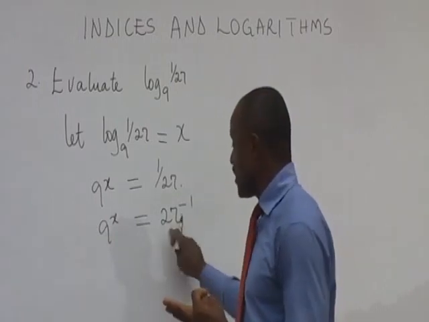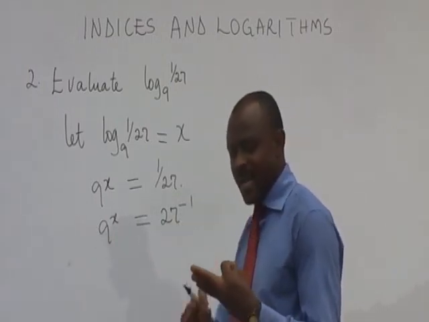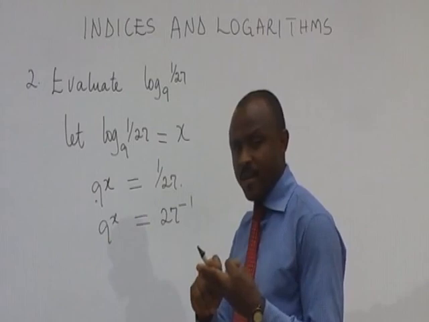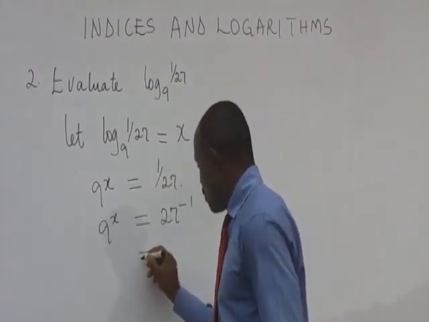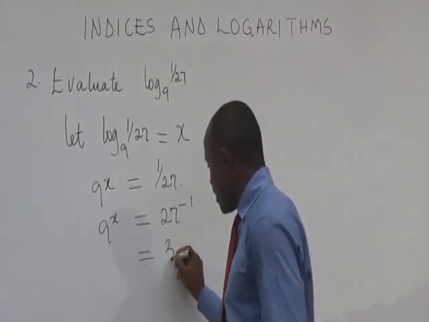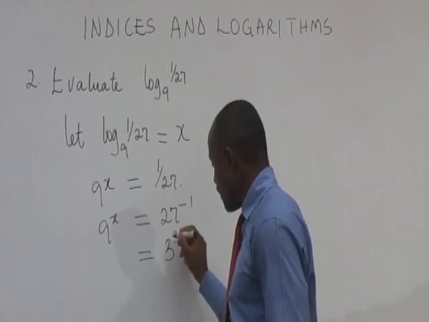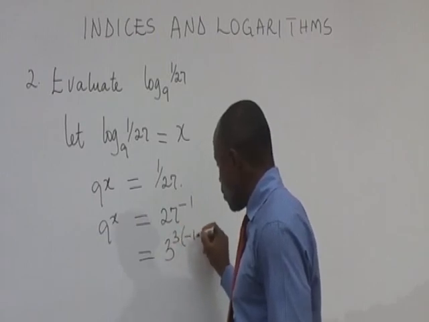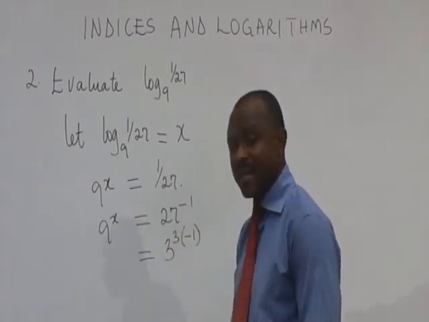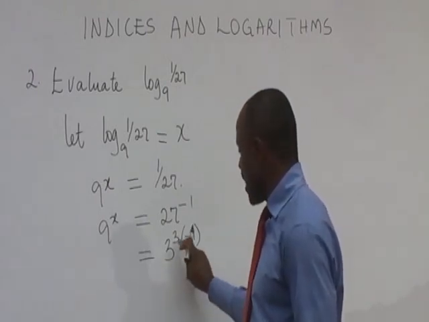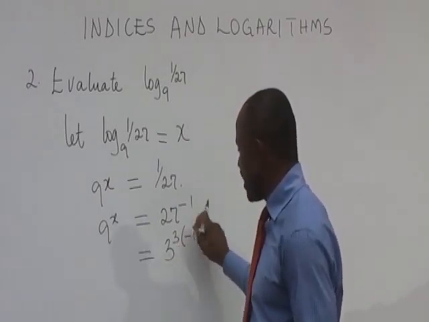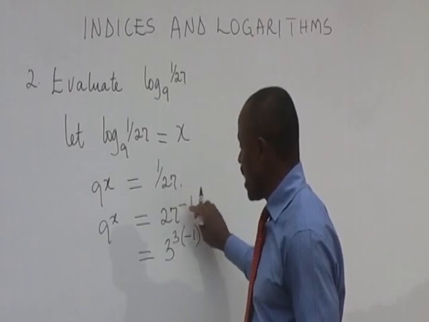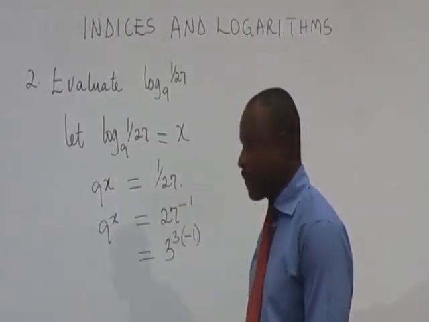That means 27 is the same thing as 3 times 3 times 3. Use it to exchange this. You have 3 exponent 3. Now bring minus 1 in a bracket. 3 exponent 3 into minus 1 is something as 27 exponent minus 1.